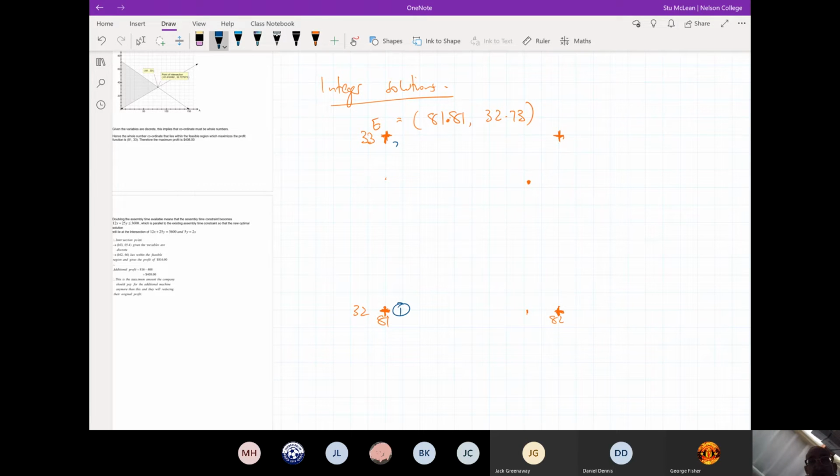That's point 1, that's point 2, that's point 3, and that's point 4. Which ones of those are inside the feasible region, and of those, which is the maximum?